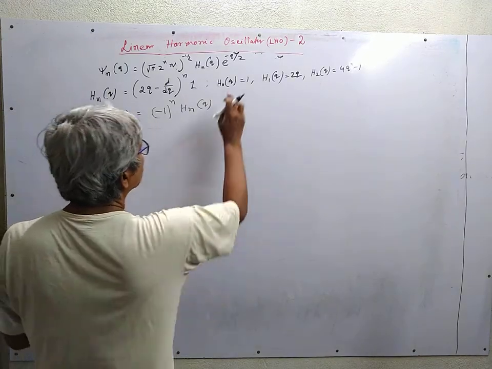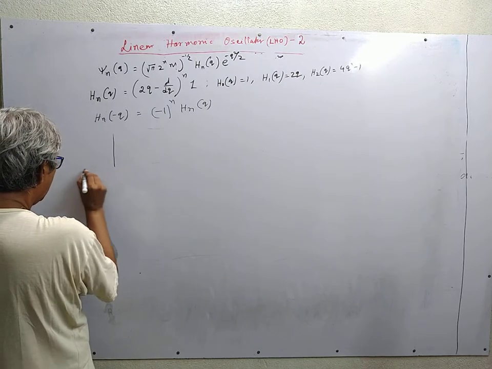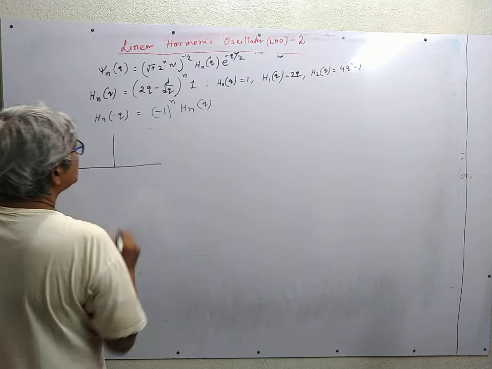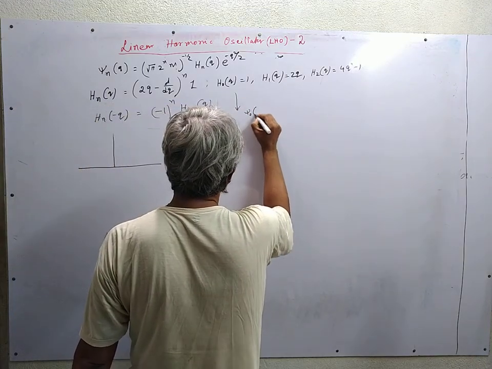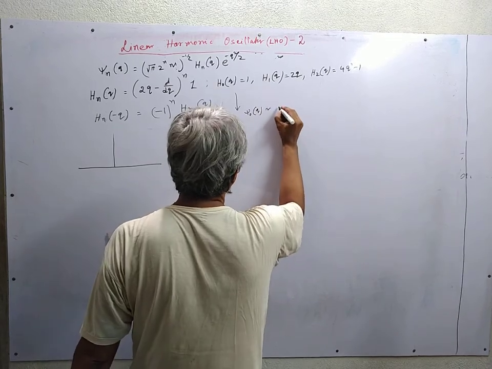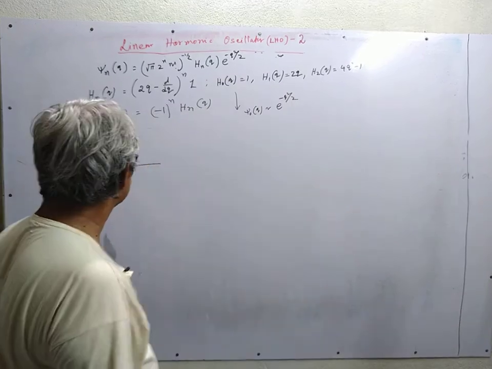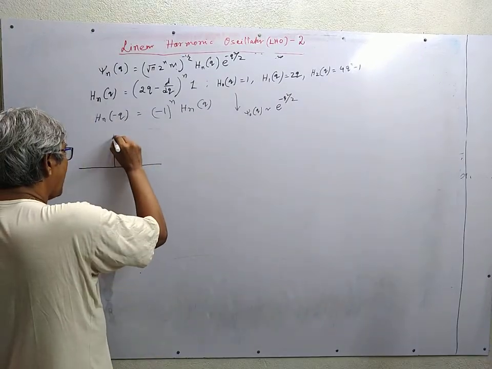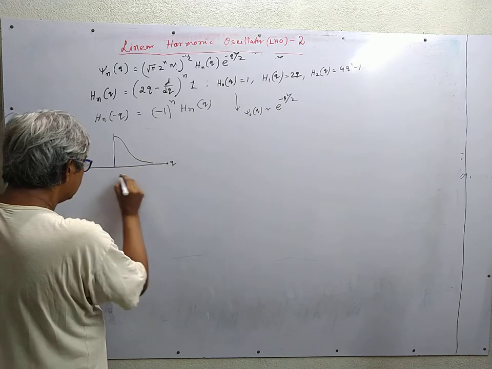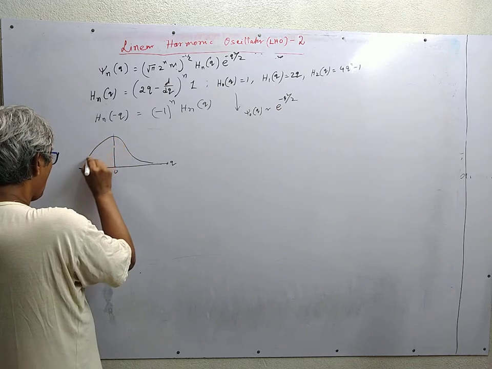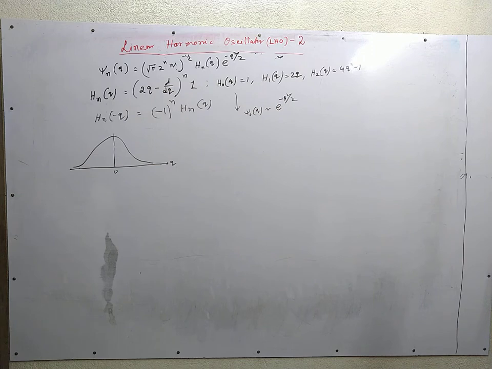Now we would like to draw the wave function. You recall that the ground state wave function phi 0 of q, apart from the constant, is simply e to the power minus q square by 2. So it dies as a Gaussian function. It is symmetric about the origin.